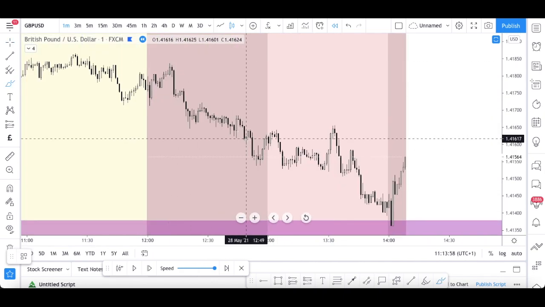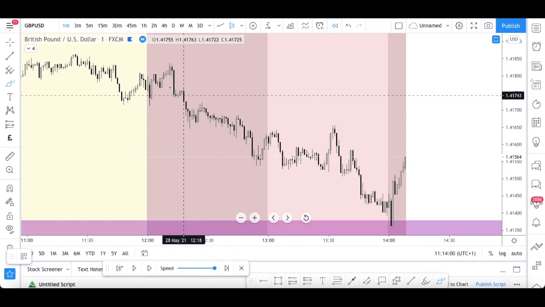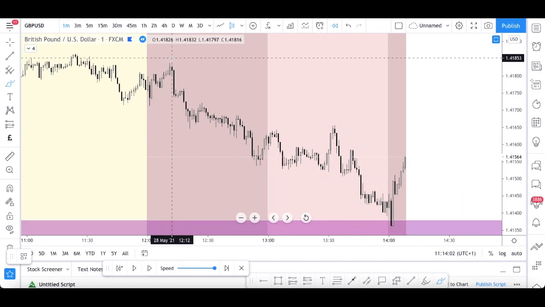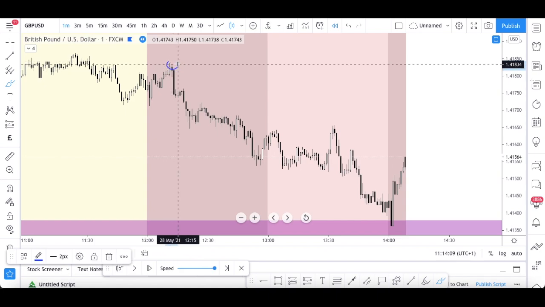So just zooming in to the more recent downtrend price action coming into the zone, what I'm going to be doing now for you guys is marking out the lower highs and lower lows, the significant lower highs and the significant lower lows within this region.